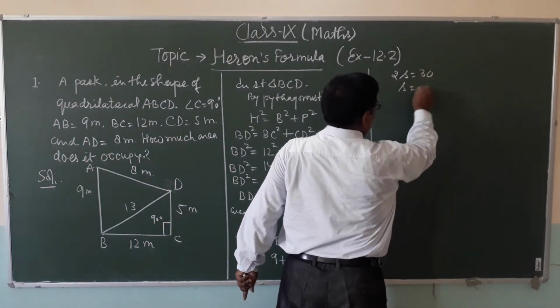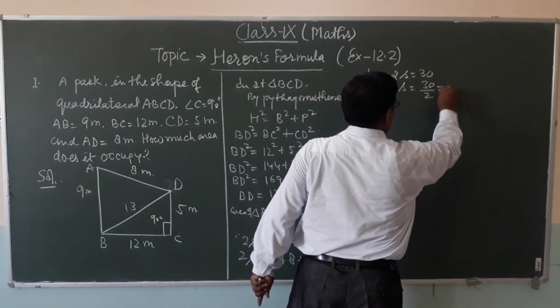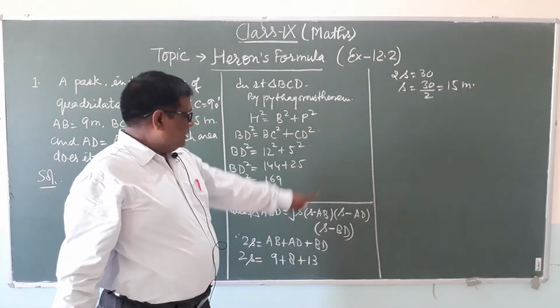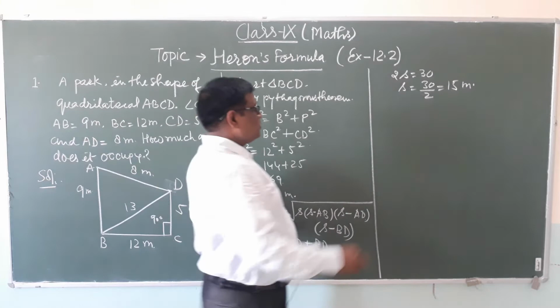So S is equal to 30 upon 2, that is 15 meter. Now put this in the given formula.